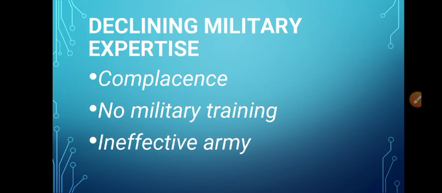There was no military training, therefore, the military became ineffective. It became weakened. Therefore, whenever there were rebellions within the empire, it was difficult to curb them with that incompetent military. And we learned that Aurangzeb was unable to deal with Shivaji's rebellion in Deccan. Why? Because of the declining military expertise, because of the weak military.